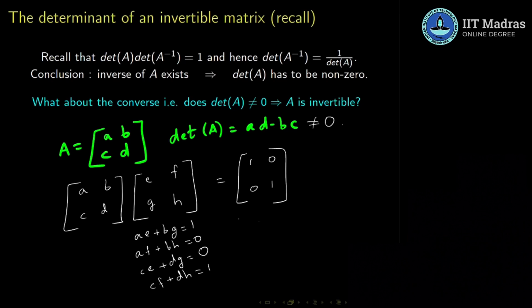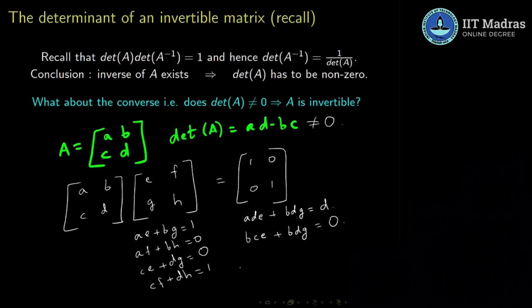Maybe I will multiply the first equation by D. So, ADE plus BDG is D, and maybe I will multiply the third equation by B. So, BCE plus BDG is 0, that is what I get.